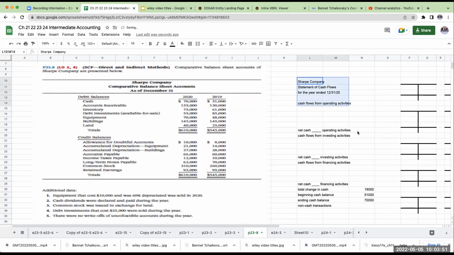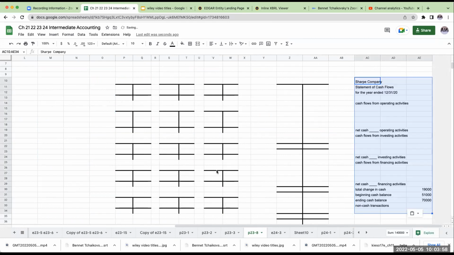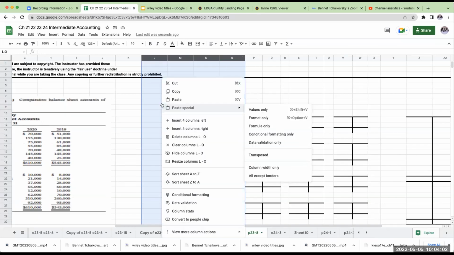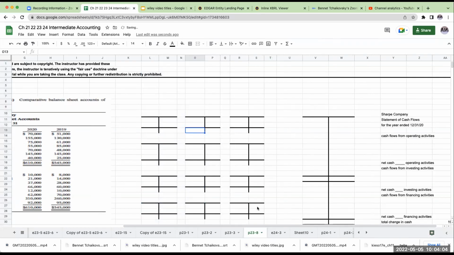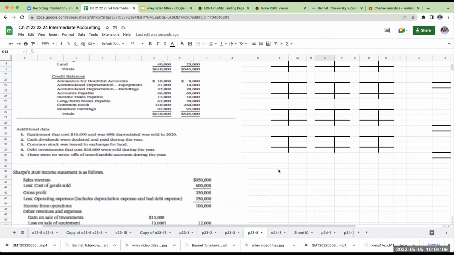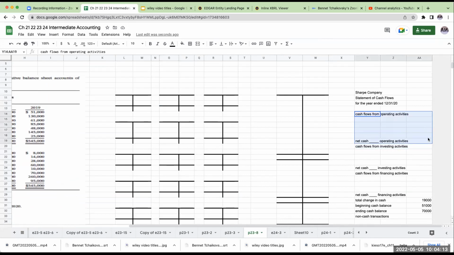The reason I'm going to do the indirect method first is that I never really have used the direct method in practice, only for the CPA exam, and the indirect method has to be shown as a supplemental. The only difference between direct and indirect is the operating section. Everything else is the same.